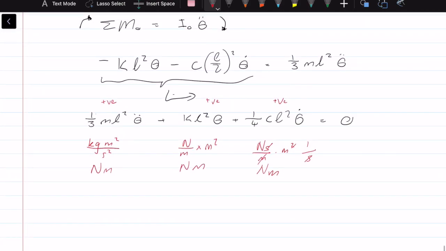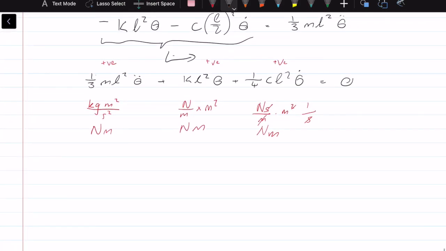Cool stuff. Okay, now I'm going to give you some values for these things. Let's say the question says that L is equal to 1 meter, M is equal to 30 kilograms, K is equal to 250 newtons per meter.